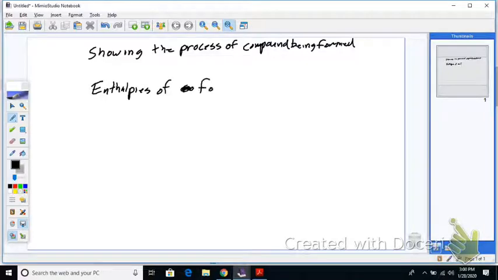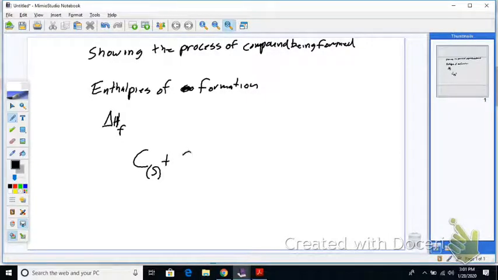So this is really pretty easy in the whole process. This is the change of enthalpy of formation. It's a delta H of F, and then we're going to show that. So we're going to take C, which is a solid at room temperature.